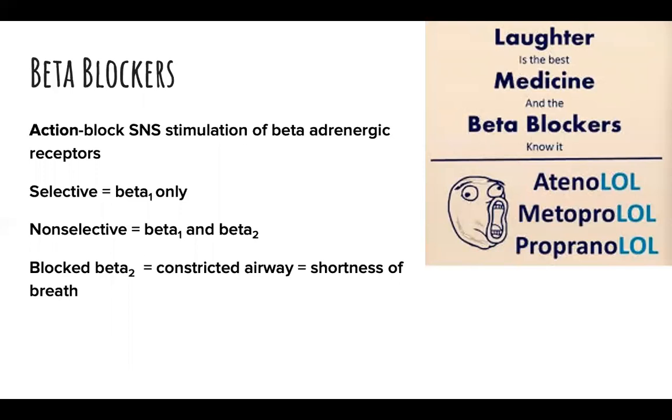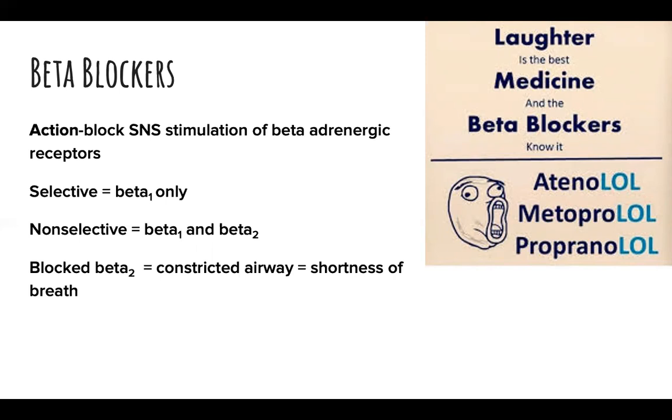So when one of our beta blockers is a selective beta blocker, it's going to work specifically on the heart. Now we have some non-selective beta blockers. And remember, if something's non-selective, it works on more than one receptor. So these non-selective beta blockers work on beta 1 and beta 2.